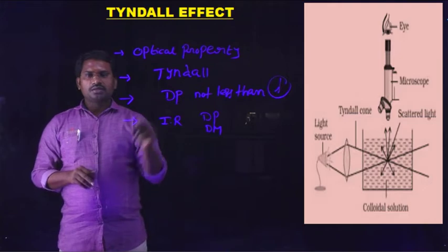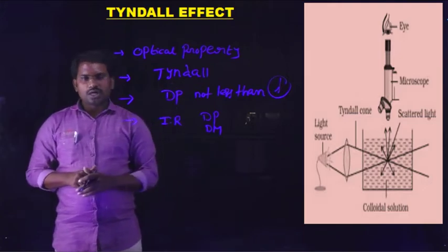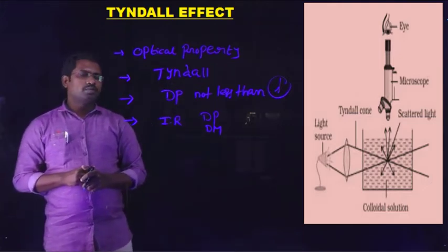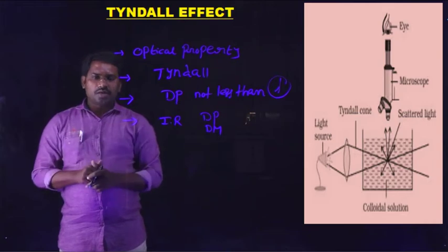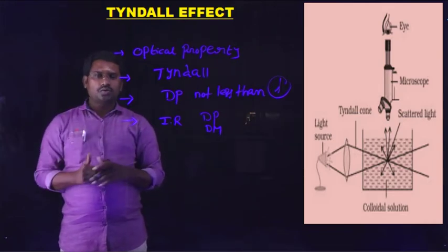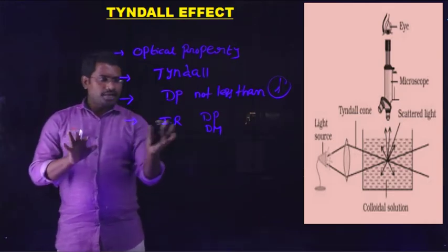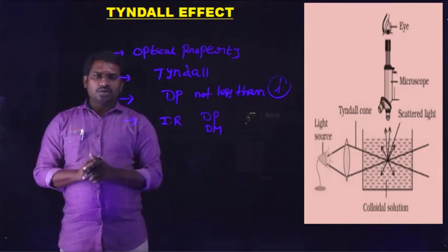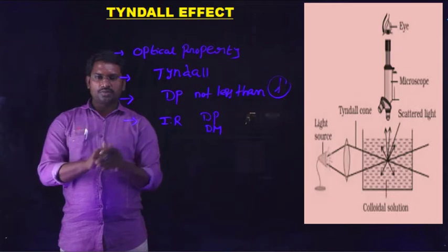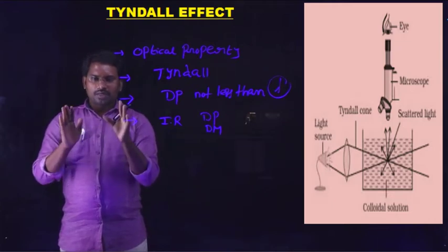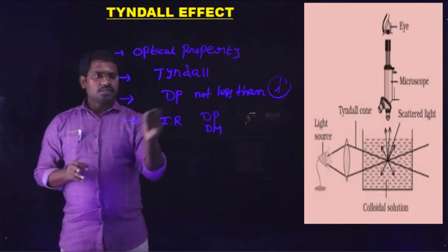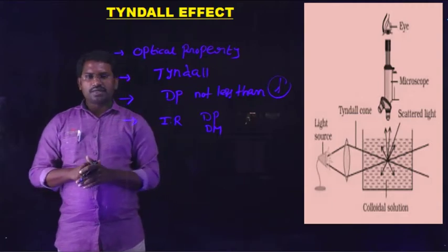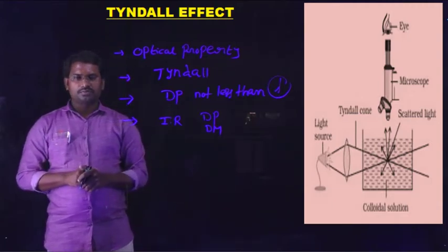Condition number 1: the size of the particles present in the dispersion medium is not less than the wavelength of the light which is passed through the colloidal solution. The second important thing is that the refractive index values of the dispersed phase and dispersion medium have a large difference. Based on these principles, the Tyndall effect is observed.